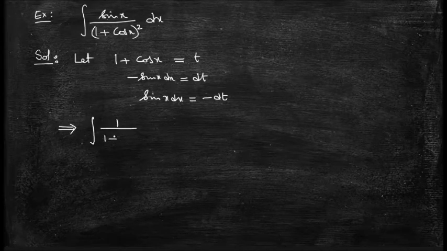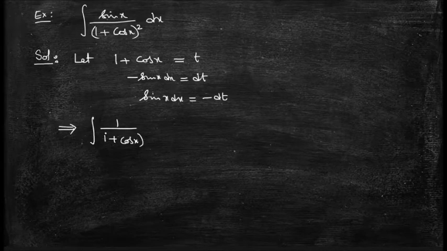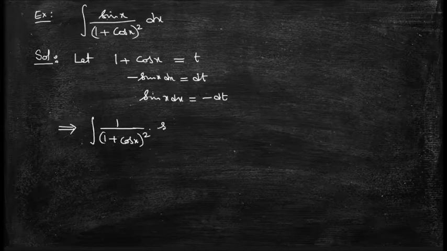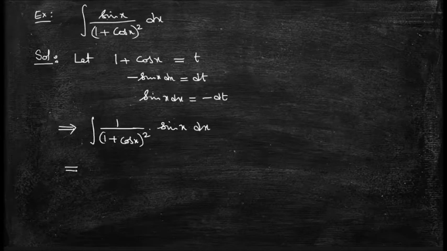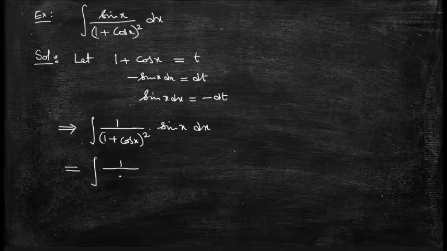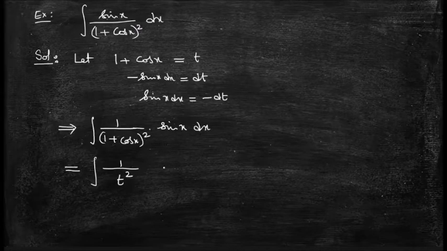Now when I come to the structure of the problem, integration of 1 by 1 plus cos x whole square. For your understanding's sake, I am writing the separated structure sin x dx. Now when I replace this, 1 plus cos x I supposed as t, so t square. Sin x dx I can take as minus dt.